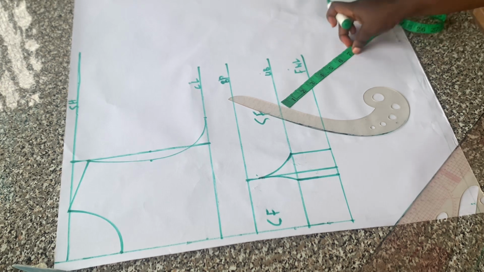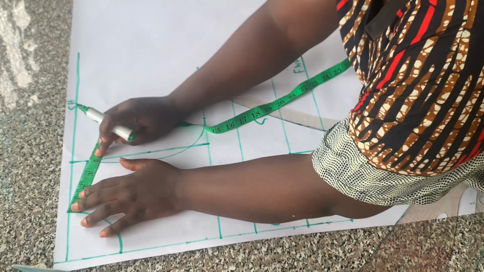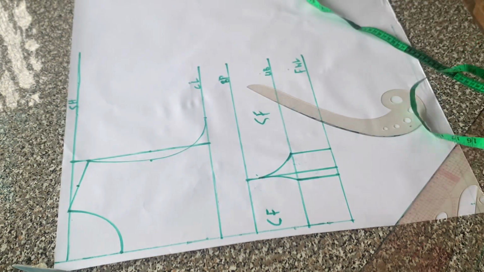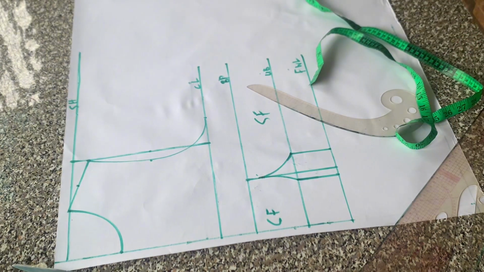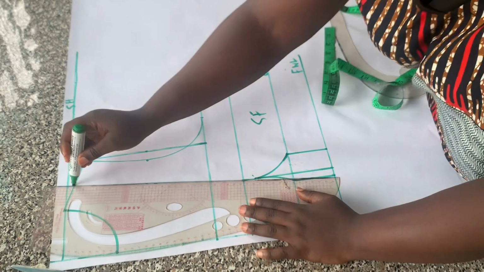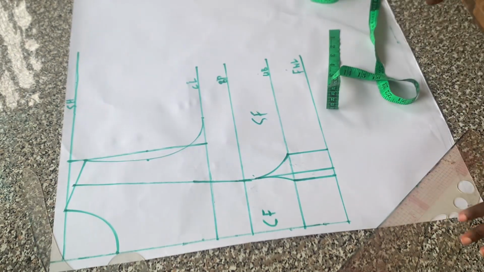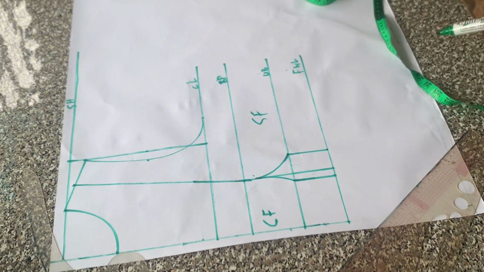Then the next thing I did was to get the midpoint of what I have on the shoulder slope. I divided what I have there into 2. Then I connected it to meet the bust point. The next thing I'm going to do now is to determine how deep I want my yoke to be.